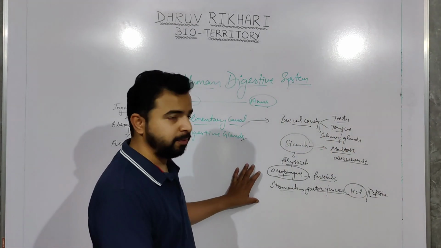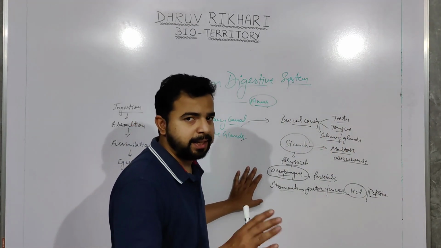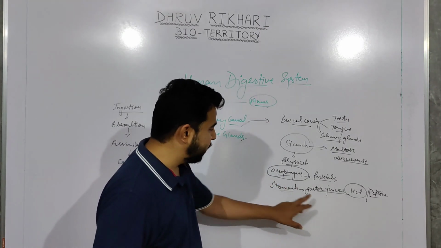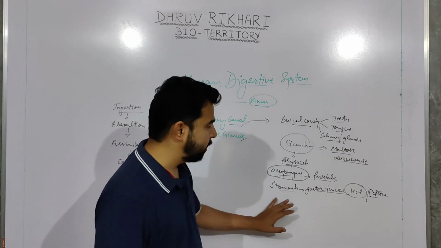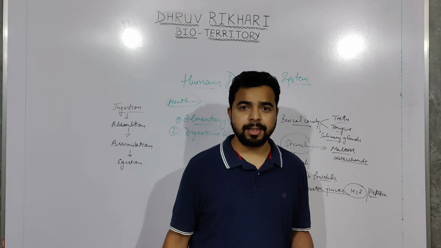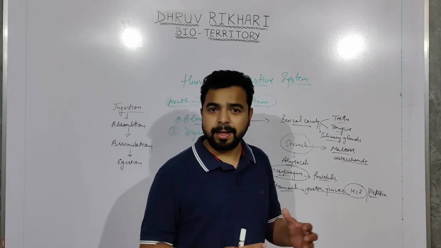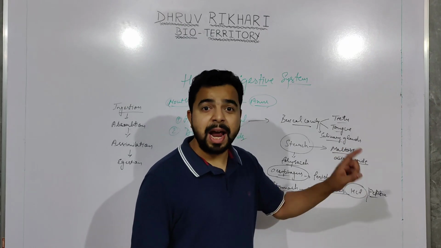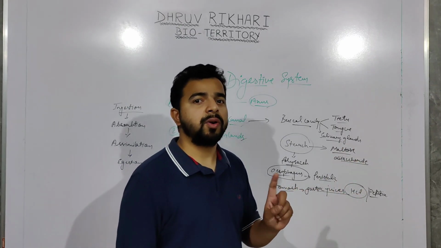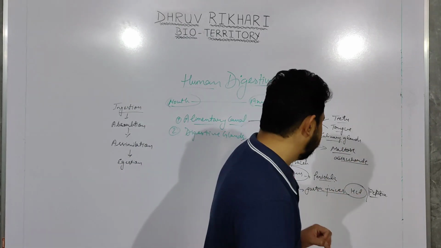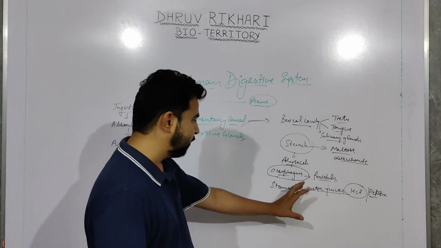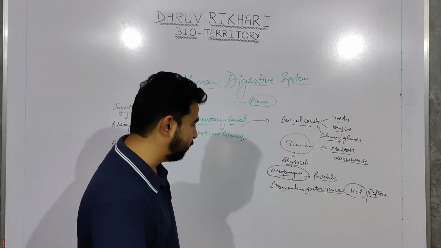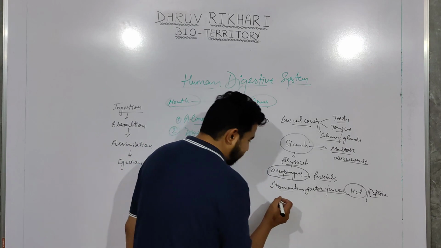Now what will happen here? The food will get converted into acidic nature. And where these gastric juices are present, the stomach walls secrete mucus. Mucus secretion helps in preventing the concentrated acid from reacting with the inner lining or walls of the stomach. Next, this particular thing takes place in the food, where the food gets converted into acidic form.